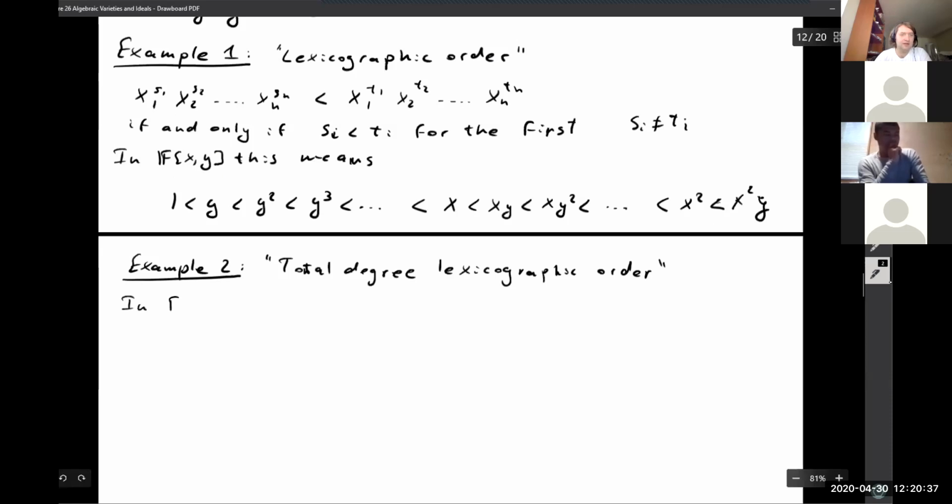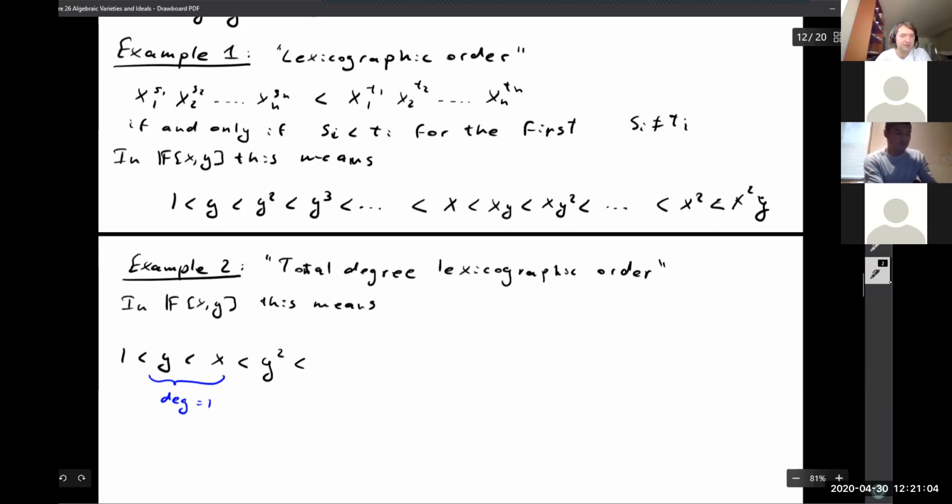Again, in two variables x and y, this means that 1 is subleading to y, subleading to x. Those are monomials of degree 1. Then you take all monomials of degree 2 and compare them according to the lexicographic order. So y squared is subleading to xy, is subleading to x squared. Degree equal to 2. And continue.